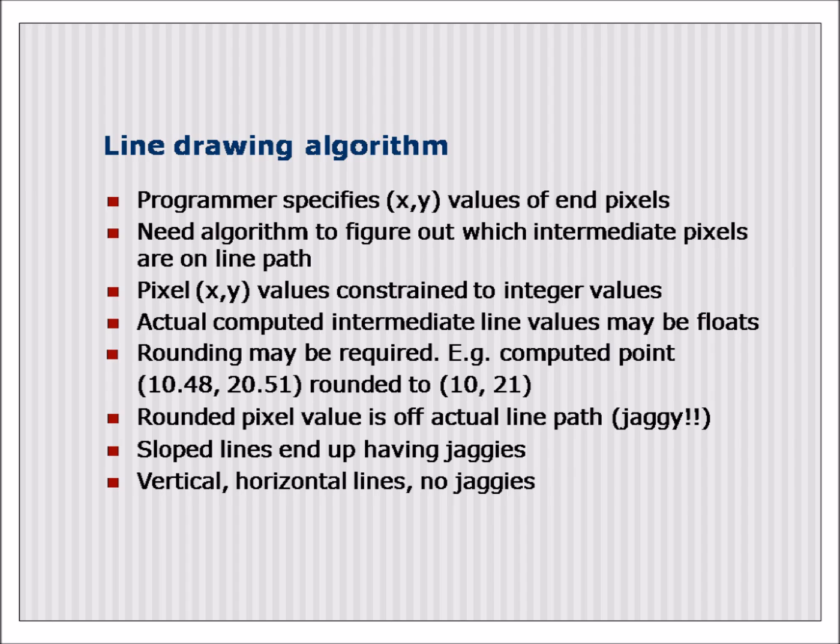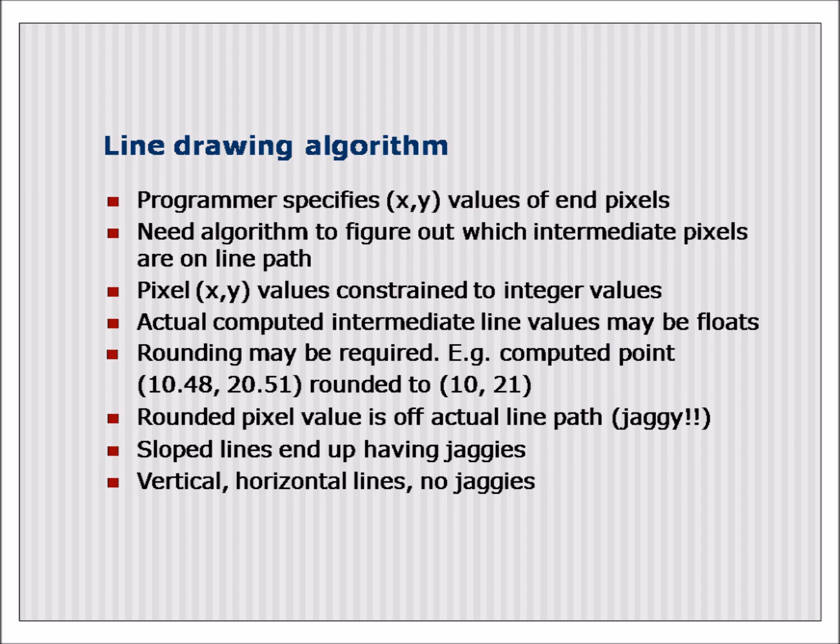Then at number six, the rounded pixel values deviate from the actual line path, that is jaggies. Jaggies is a term for various kinds of anomalies in computer graphics output or displayed imaging, because the shape is displayed with the help of small squares or steps instead of a smoothly contoured line.